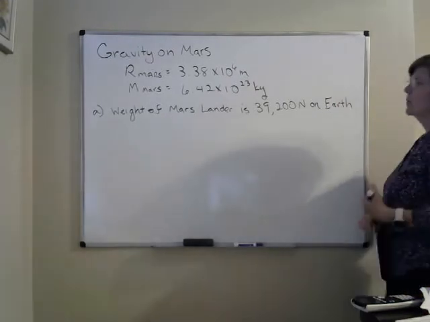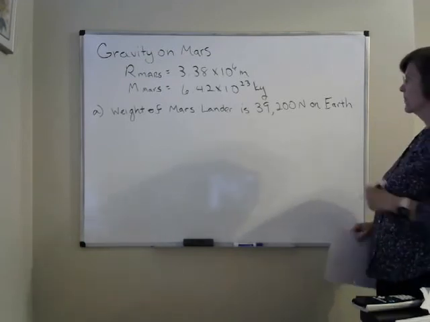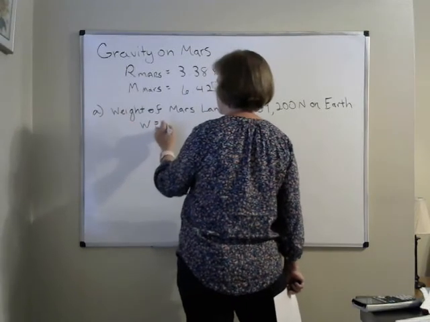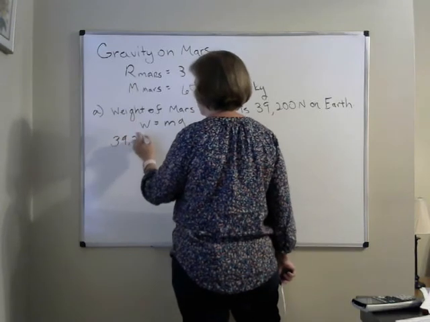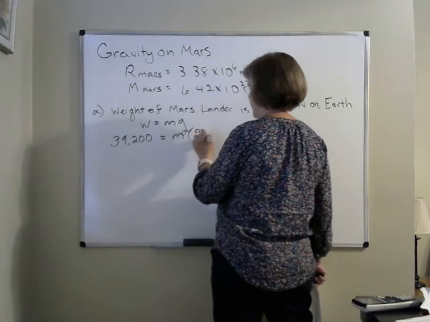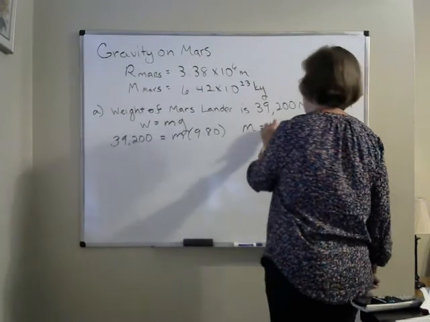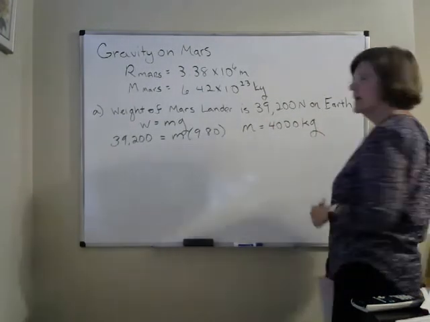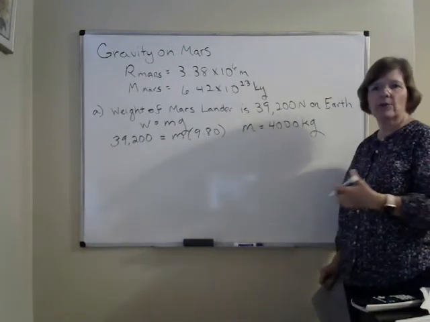And they want to know, well, what will it weigh when it gets to Mars? Well, we want to know the mass of it on Earth then. We know that weight equals mg. So if it weighs 39,200 newtons when it's sitting on planet Earth, that comes out to be a mass of exactly 4,000 kilograms. That's a helpful piece of information. Remember, mass does not change when you go to new planets.